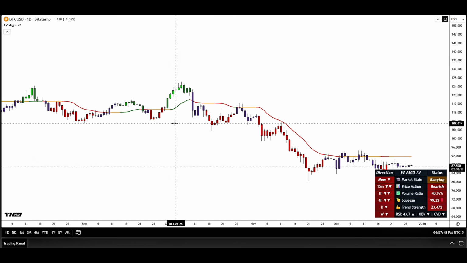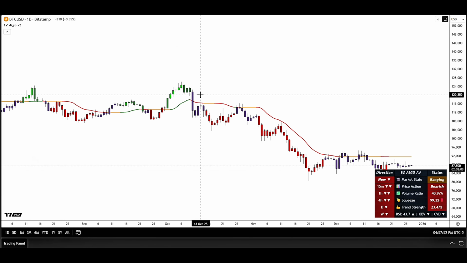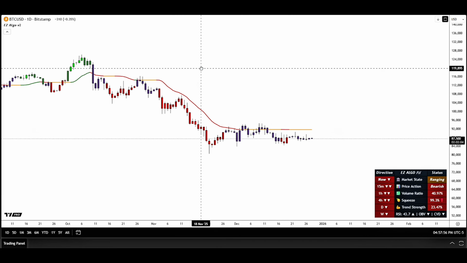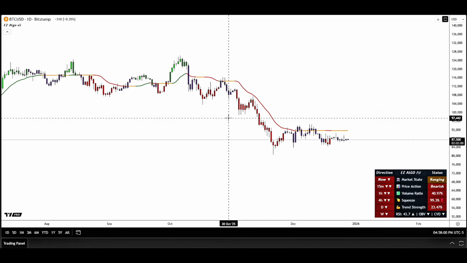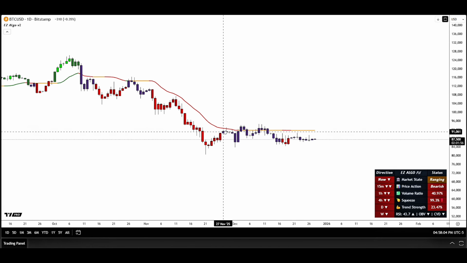So you can see when Bitcoin made its high right here, it quickly shifted over to red, indicating that the downtrend started. We have some chop, downtrend, chop, downtrend, chop, downtrend, chop. That's basically been the trend since that October 10th price action.